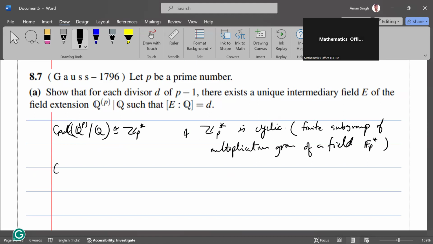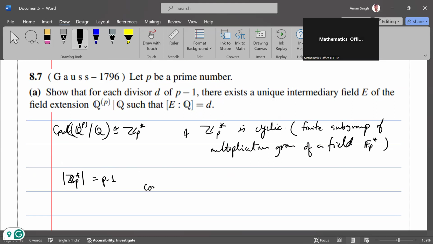So, corresponding to any, what is its order? Okay, that is also required. The order of Z_p star is equal to p minus 1.